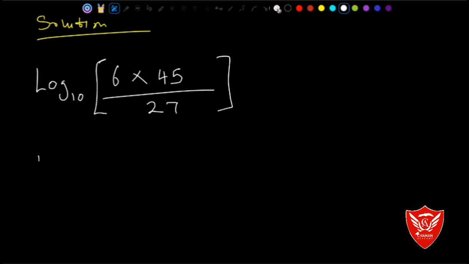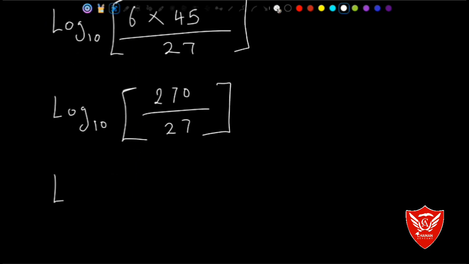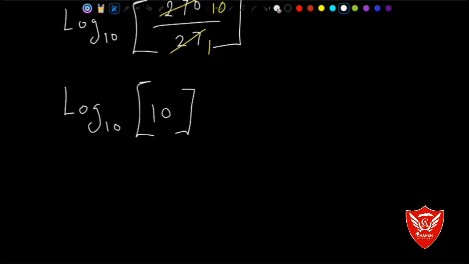Alright, so this is going to be equal to log of base 10. 6 multiplied by 45 is 270 over 27. And then this is log base 10. 27 divided by 27 is 1. 270 divided by 27 is 10. So then we have 10. And this also is equal to 1.